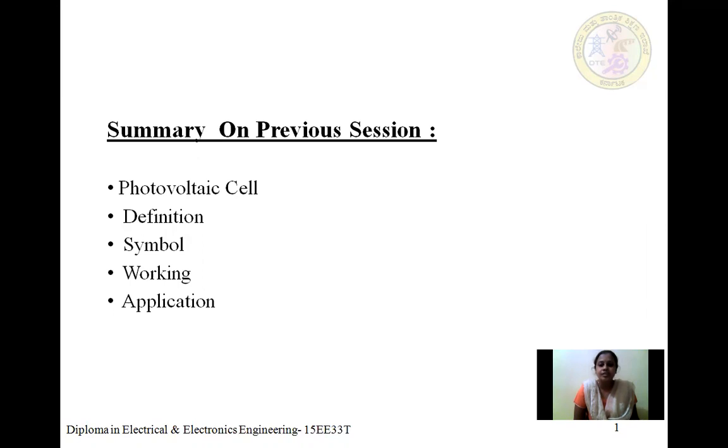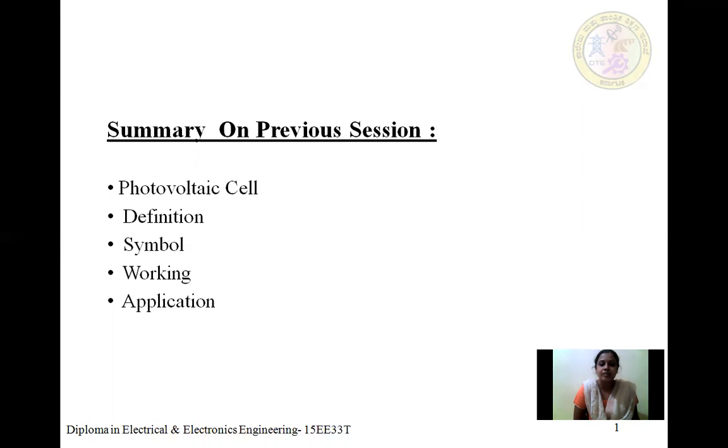In the previous session, we discussed the photovoltaic cell, the photovoltaic effect, photovoltaic definition, construction of photovoltaic cell, working of photovoltaic cell, and application of photovoltaic cell. So let me see the definition of photovoltaic cell first.